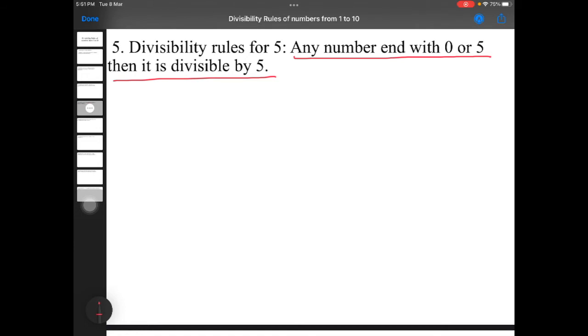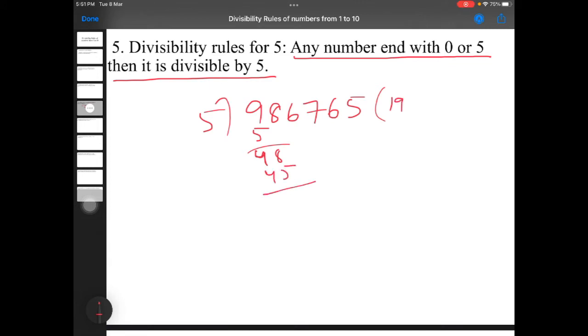So any number, let's see, maybe 9, 8, 6, 7, 6, 5. Let's see this one, 5, 4, 8, and 9, 45, 3, 6, 6.